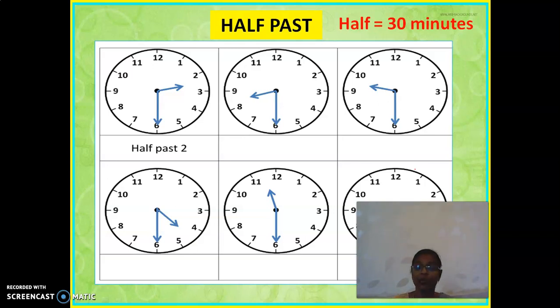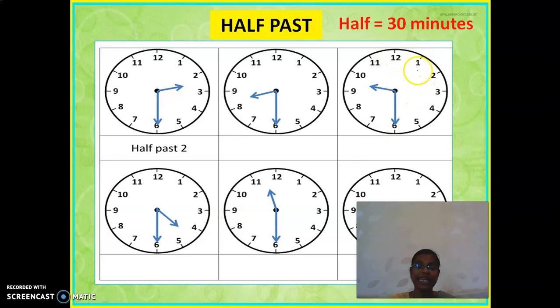Can you tell me how we say that half is 30 minutes in a clock? With the help of the multiplication table and the skip counting of 5. Because between the numbers 12 and 1 you have 5 lines. So that will be calculated as 5.